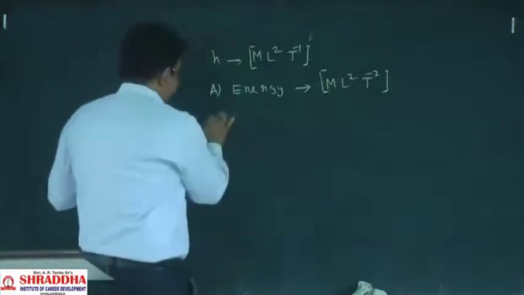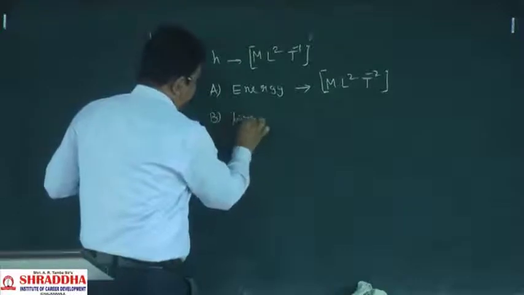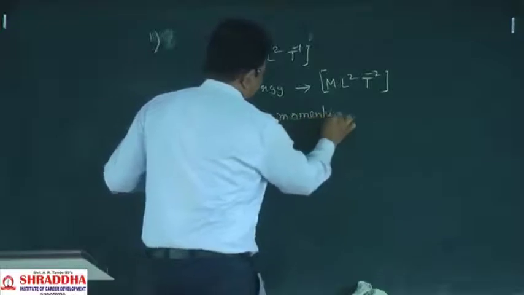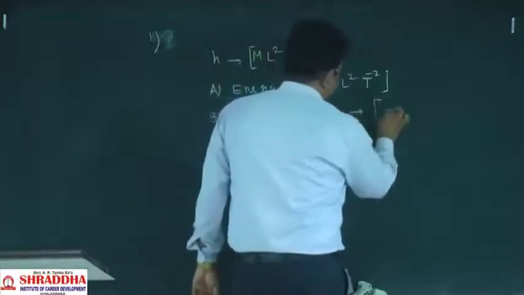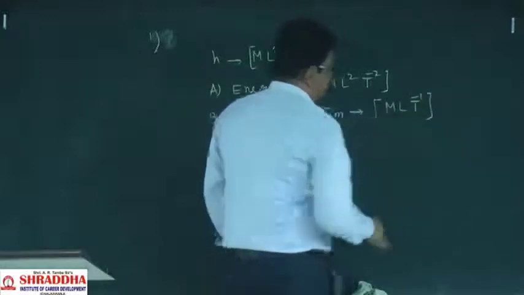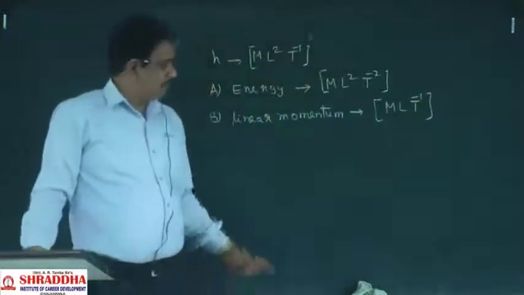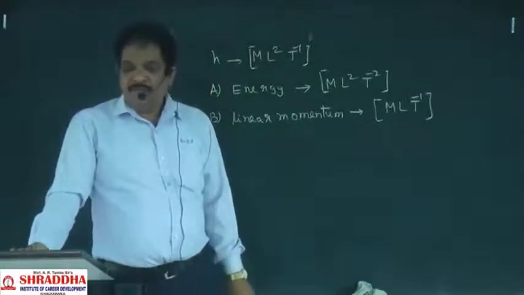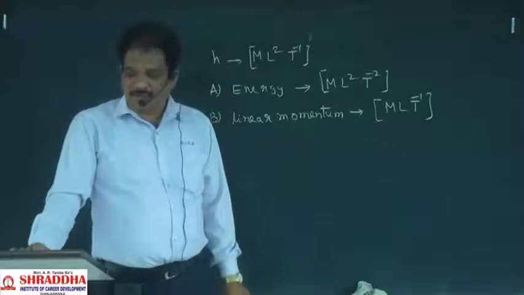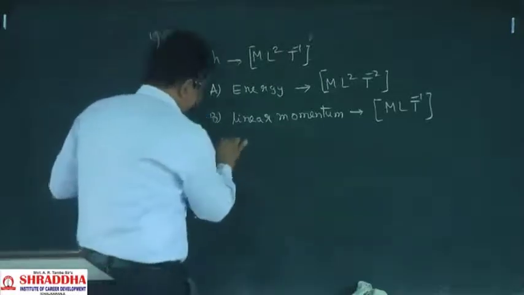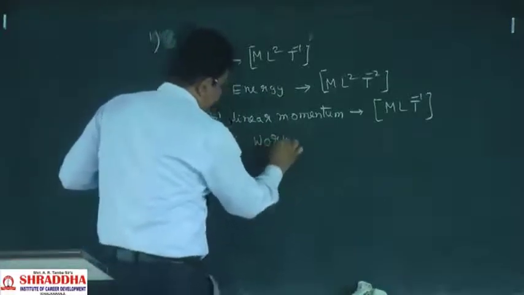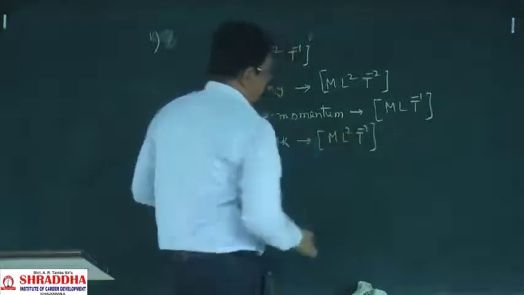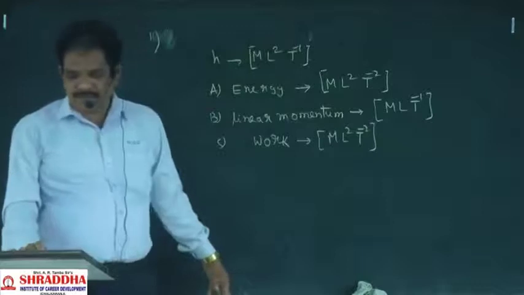Linear momentum dimensional formula mL T power minus 1. That is the dimensional formula of linear momentum. Next, work. Dimensional formula mL square T power minus 2.